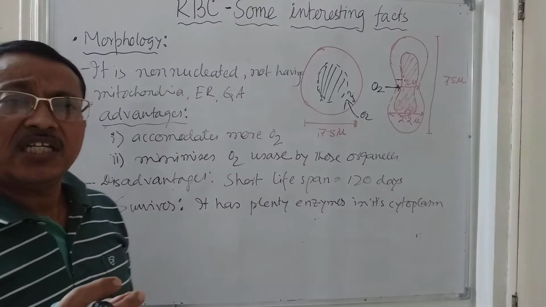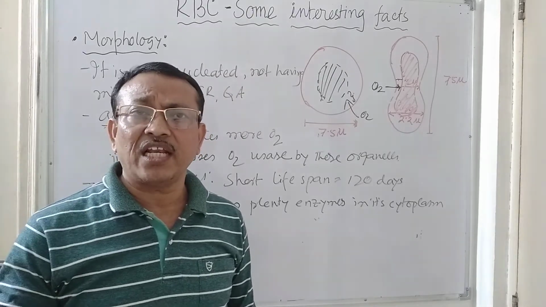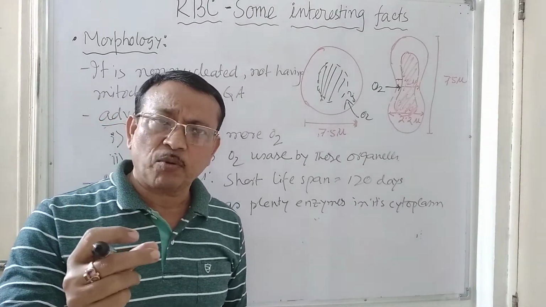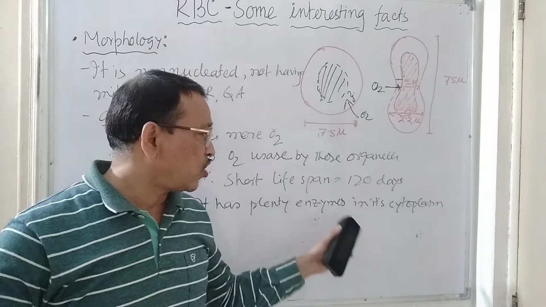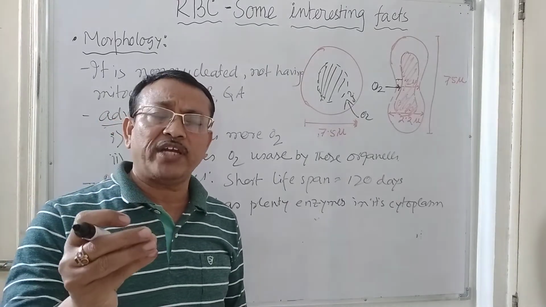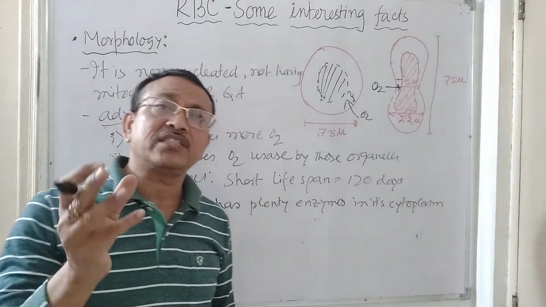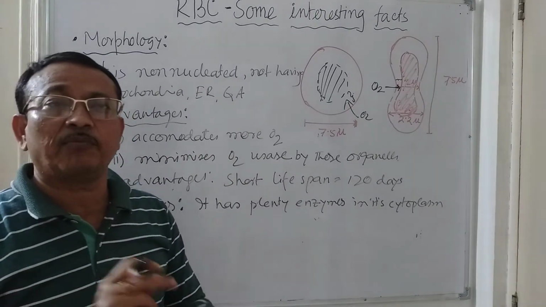And RBCs do not undergo the Krebs cycle or TCA cycle, only the glycolysis process. By the help of the glycolysis that goes on in the RBC, some amount of ATP is synthesized, and that ATP is sufficient to maintain the normal function of the RBC.